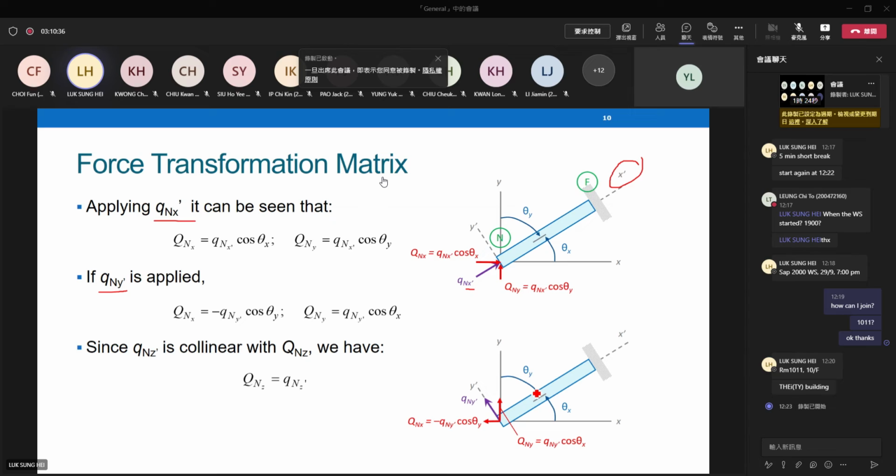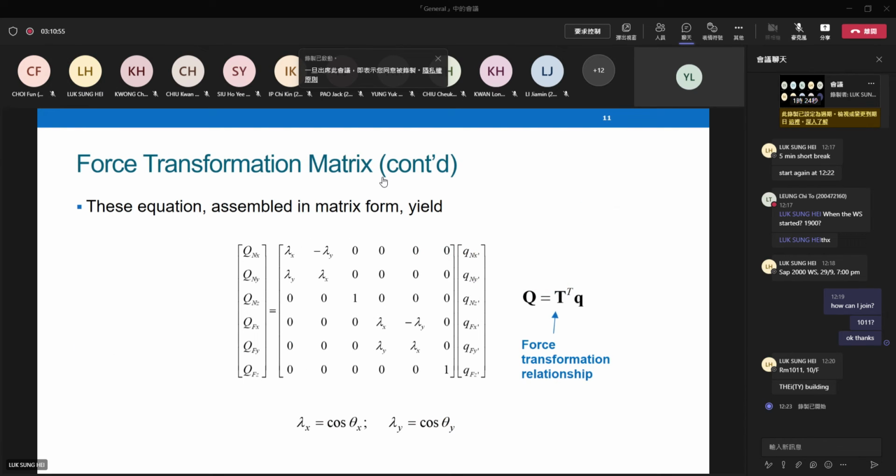Finally, the moment does not need to be converted, because as we explained before, the z-axis does not change in the element. So this is how we transform things: consider each case separately and then group them together. How do we find lambda x, lambda y?